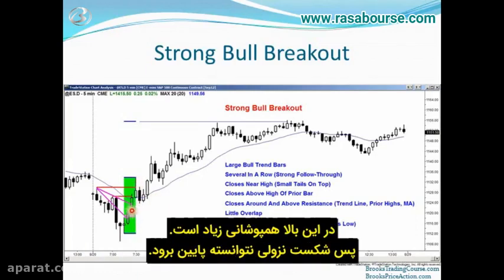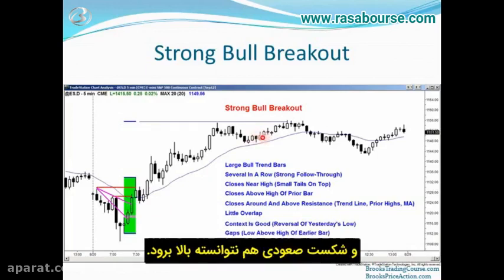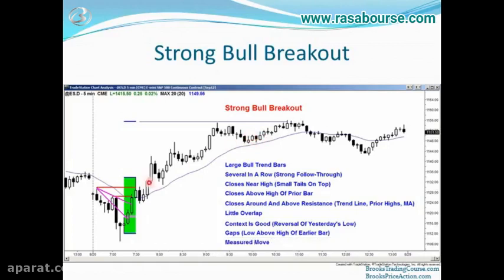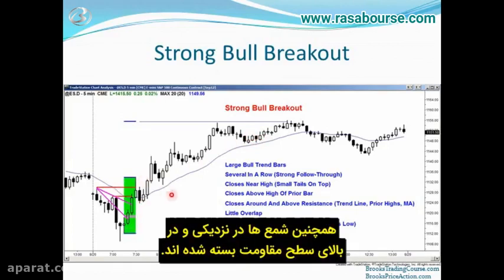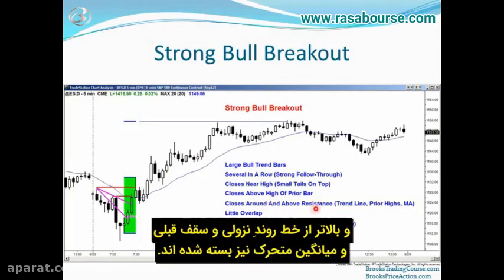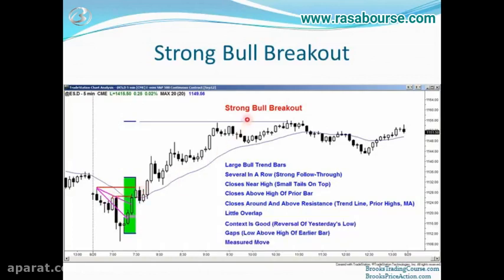Up here, lots of overlap among the bars. So the bear breakout didn't go far, the bull breakout didn't go far. Strong bull breakouts look like this. There are also closes around and above resistance, bear trend lines, a close above prior swing highs, closes above the moving average. Again, signs of a strong bull breakout.